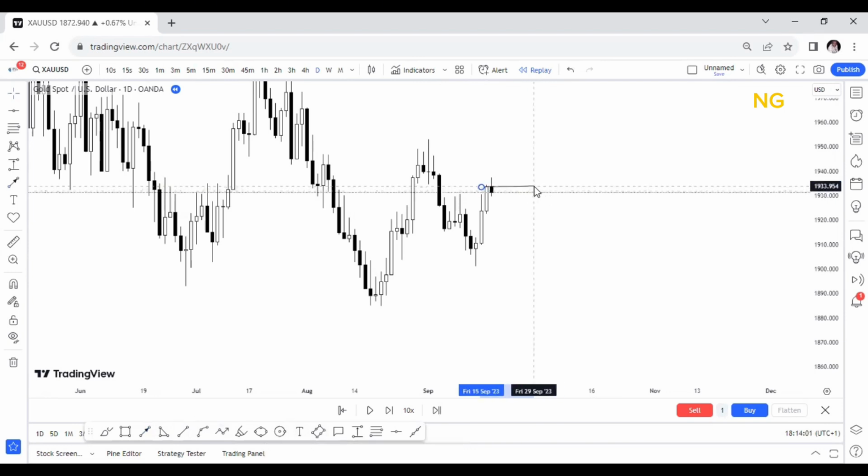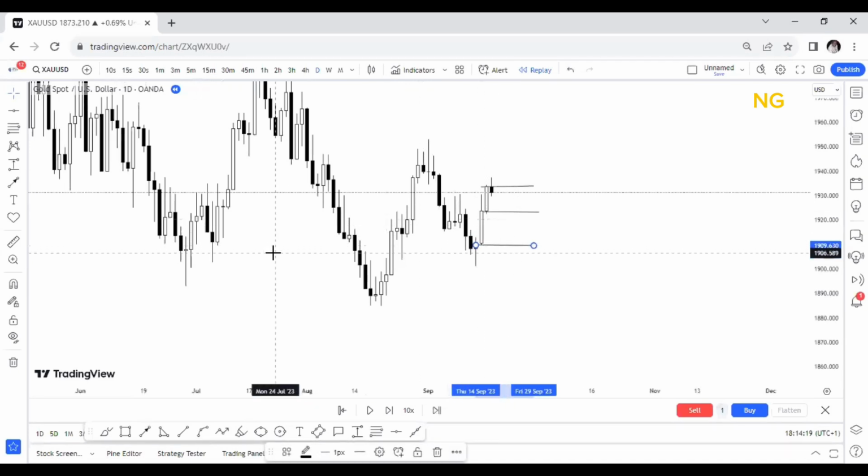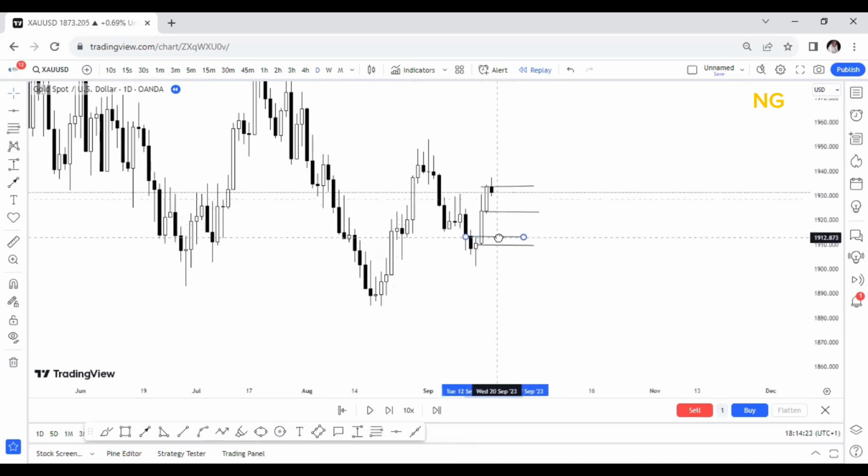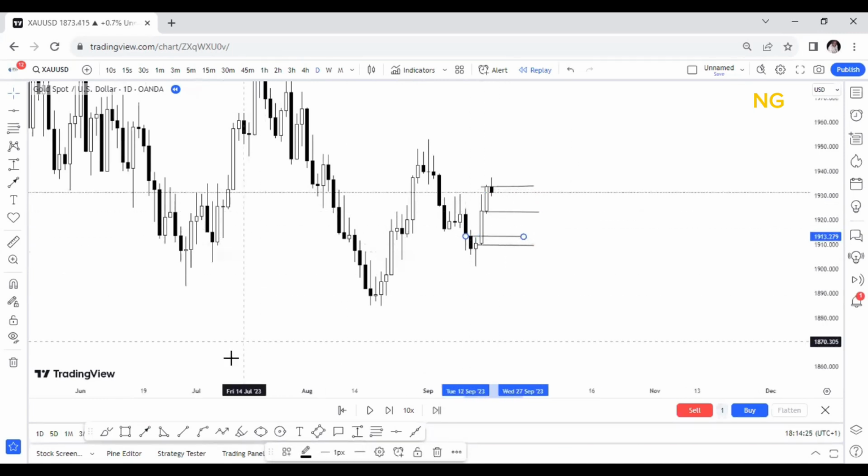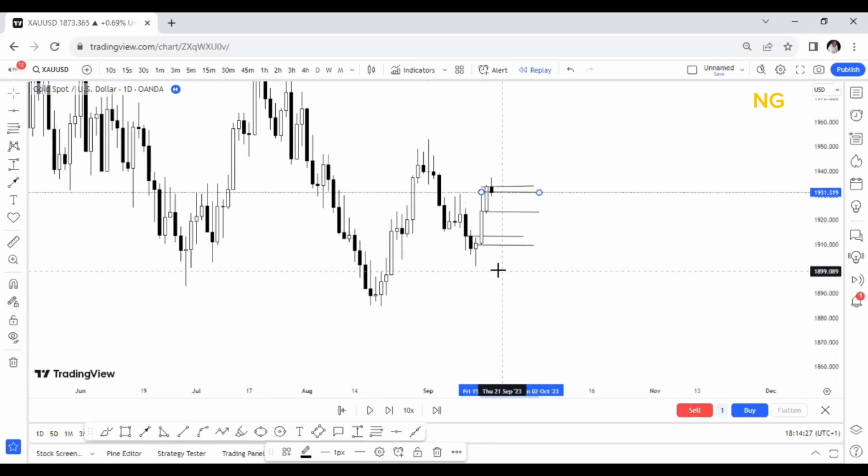Currently, price is at this level. Then you have this as another fresh level. You have this as another fresh level. You have this as another fresh level that price will go to react to.